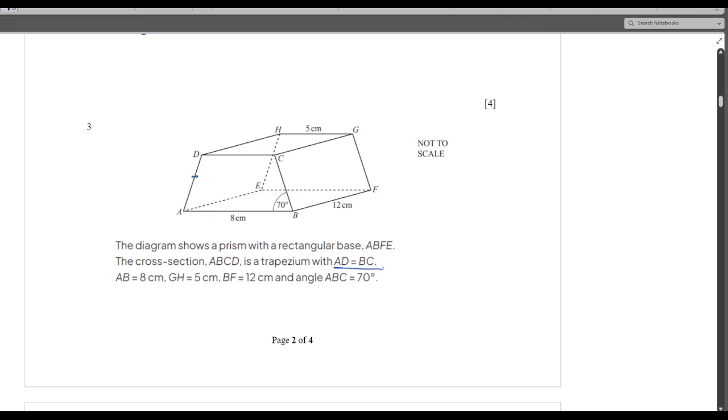This AD and BC, this length is given equal. Now AB is given 8. GH is given 5. So when GH is 5, your DC will also be 5. Or you can say that when AB is 8, your EF will also be 8. The bottom is a rectangle. The angle ABC is 70 degrees.